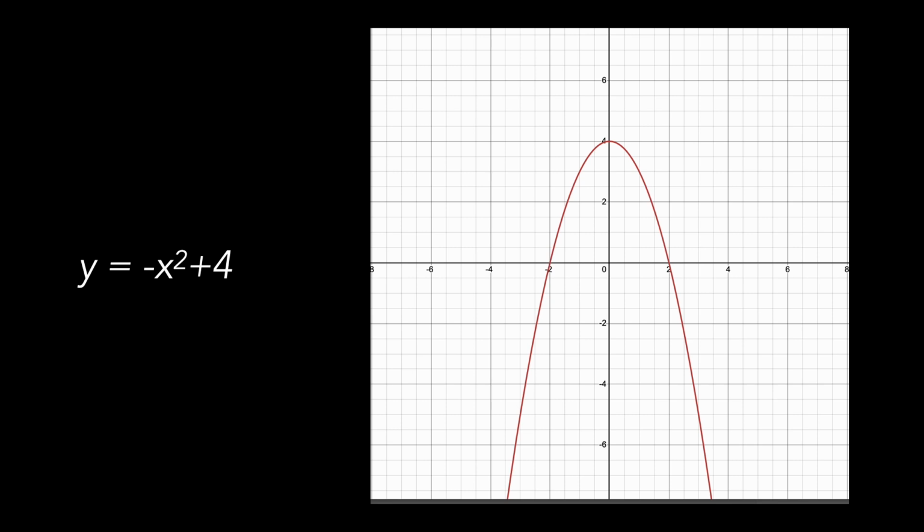Essentially what we're doing is saying, the x squared is the parabola, right? If we just did y equals x, it's going to be a straight line, right? But if we do y equals x squared, that's a parabola, that's that arc. And then by saying plus 4, I'm just saying, you know what? Scoot the top of that parabola up to the unit number 4 on the y-axis, right?